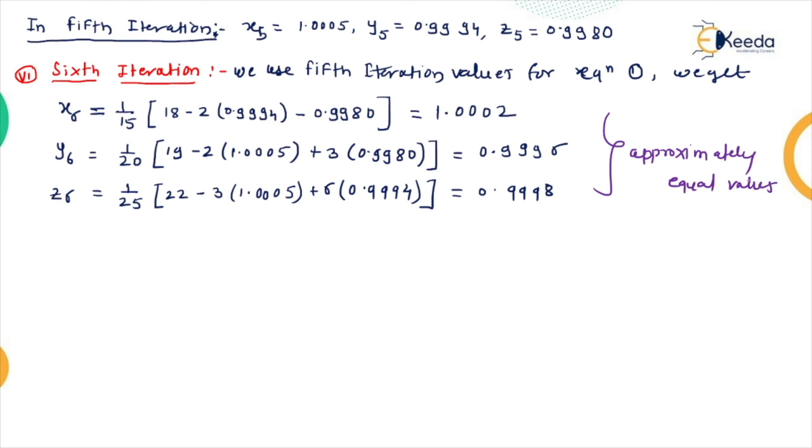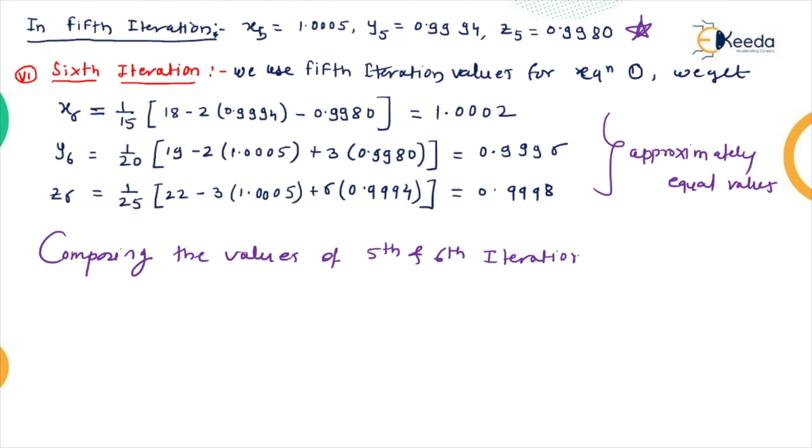If you observe the fifth iteration and the sixth iteration, all values are the same, guys. So if these values are the same, I am stopping these iterations. I am directly comparing the values of the fifth iteration and the sixth iteration.